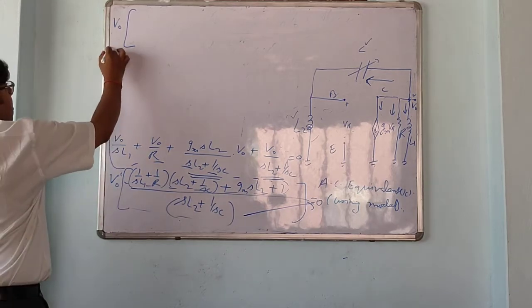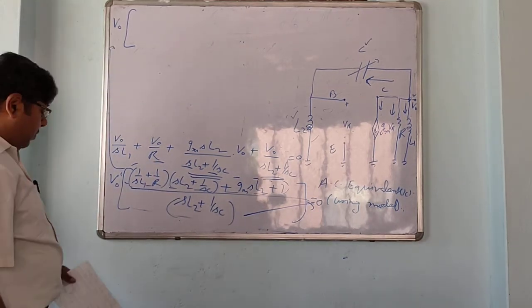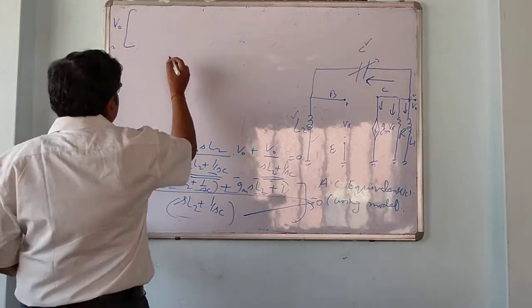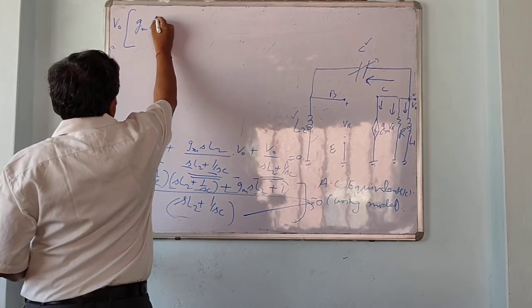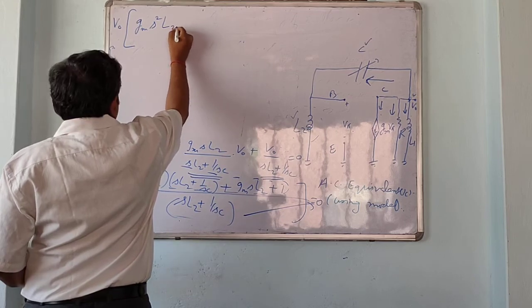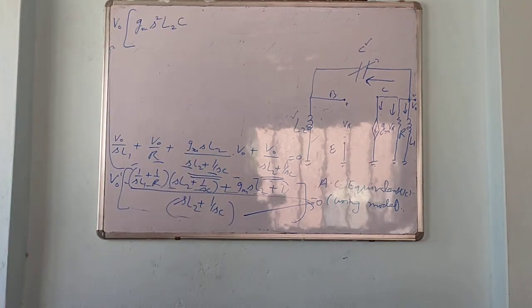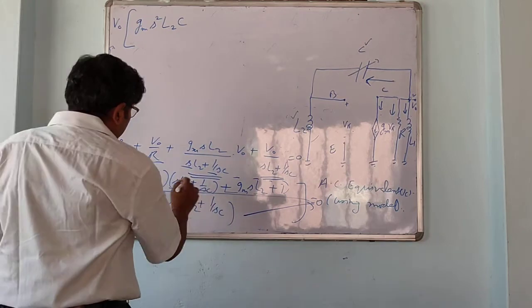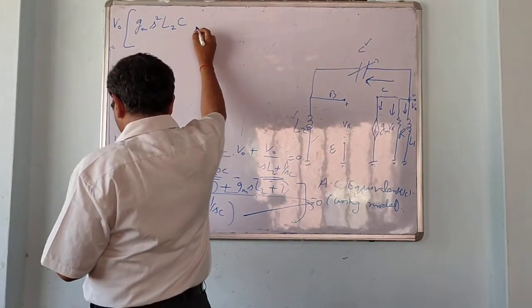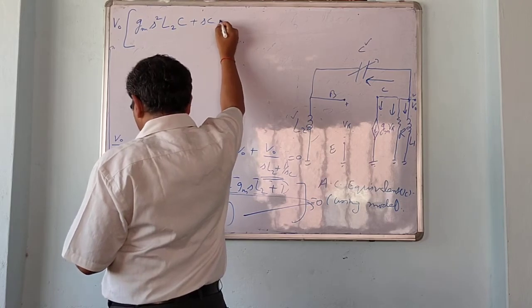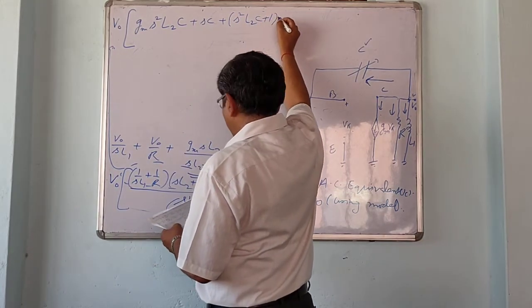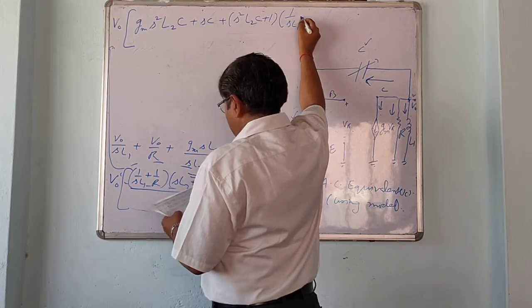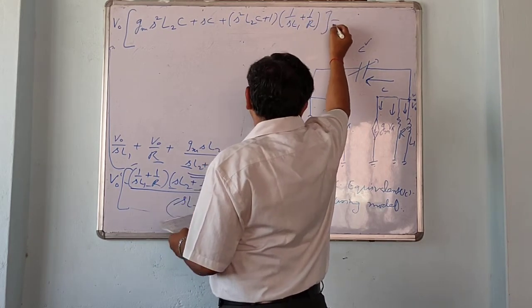When we collect the terms, you can write V naught times the S square L2C term first, plus C, plus S square L2C plus 1, into 1 upon SL1 plus 1 upon R, equals 0.